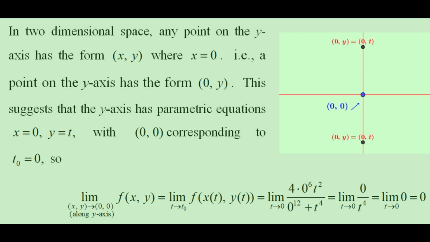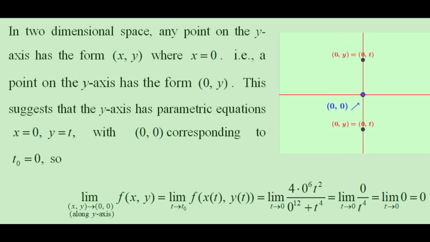In two-dimensional space, any point on the y-axis has the form (x, y), where x is equal to 0. That is, a point on the y-axis has the form (0, y). This suggests that the y-axis has parametric equations x equals 0 and y equals t, with (0, 0) corresponding to t0 equal to 0.